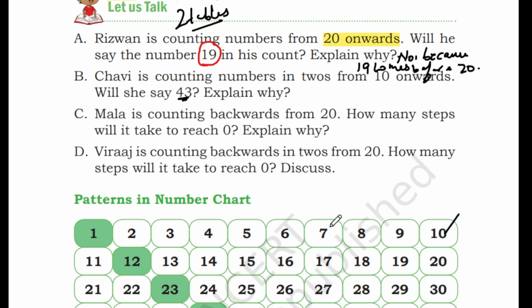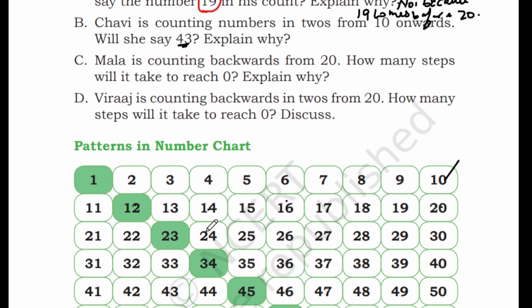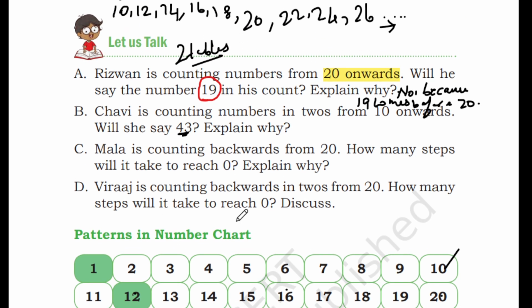She will write 10, then 12, 14, 16, 18, 20, 22, 24, 26, 28, 30, 32, 34, 36, 38, 40, and 42, 44. And she will not count the number 43, right? So the answer is no.